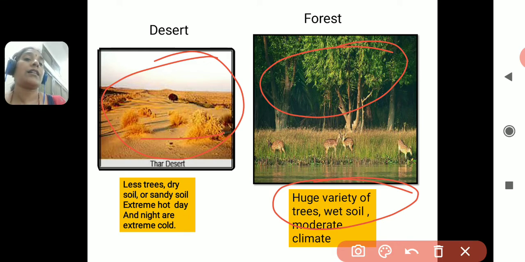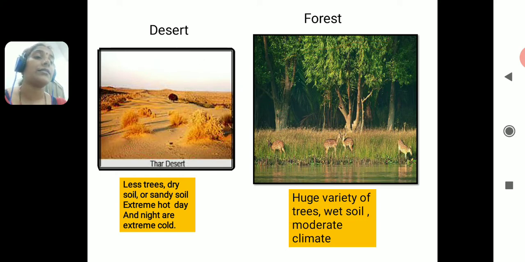And the climatic condition of the desert is extremely hot during the day and very cold at night. But in the forest there is a moderate climate. So what we can conclude is that the animals which can survive in the forest can't survive in the deserts. So there are a set of qualities or features which help the animals to survive in the desert. So let's know who can survive in the desert.